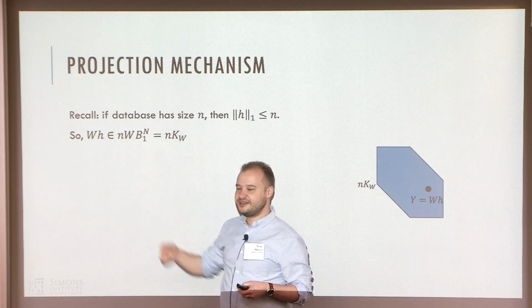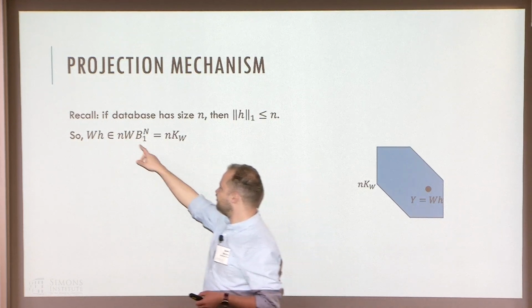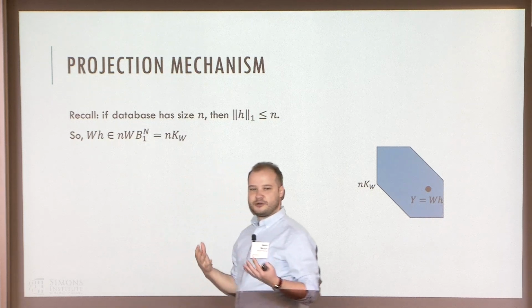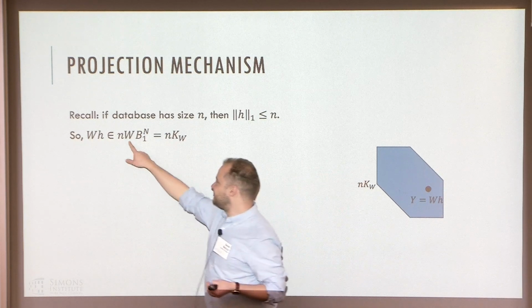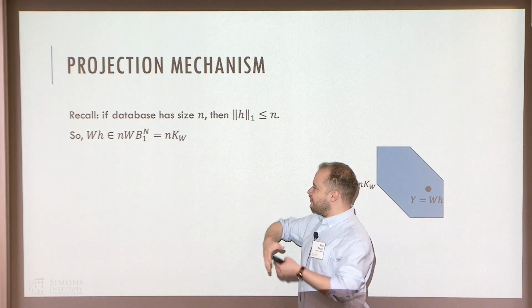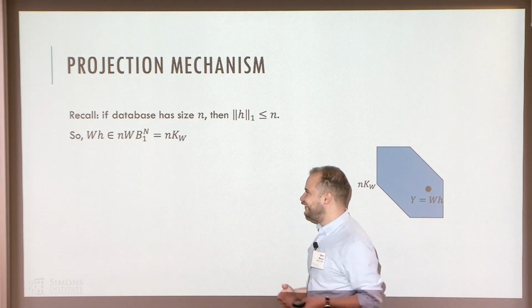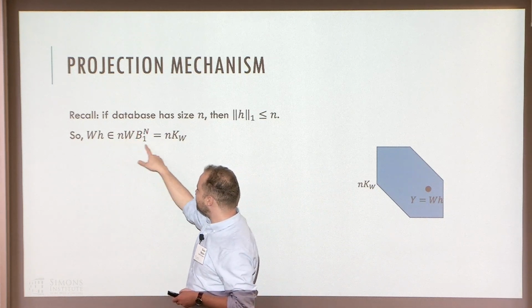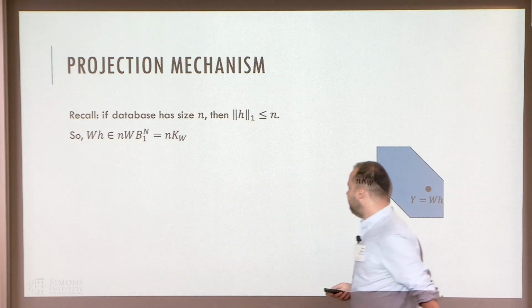The set of all vectors of L1 norm at most n is just n times the set of all vectors with L1 norm at most 1, since I can always pull the n out in front. And remember, this is what I call my sensitivity polytope.